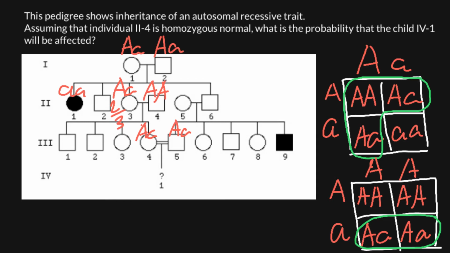One more time, if this female is heterozygous, the probability to pass this defective allele to her daughter is 1/2.